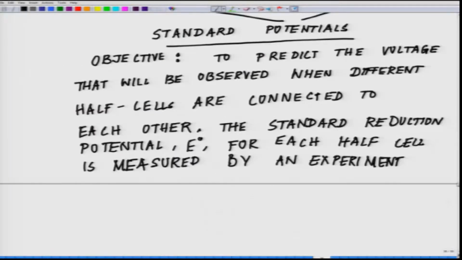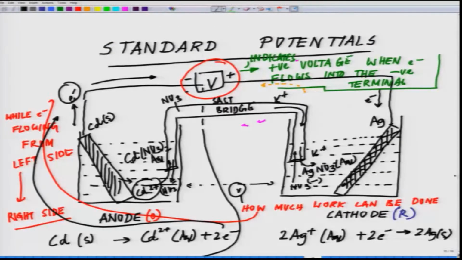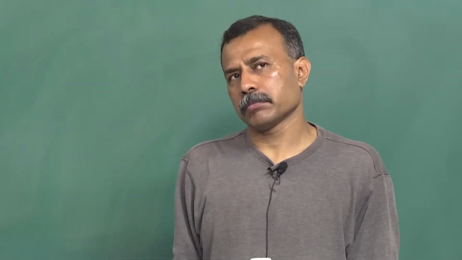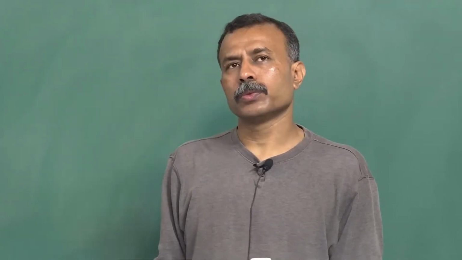Now, let us go back for a second to this reaction, what we exactly did. You have this cadmium, which is getting oxidized. You have silver, which is getting reduced. So, in other words, if I have to give a philosophical analogy, it means the power of silver to accept electron is higher as compared to cadmium.